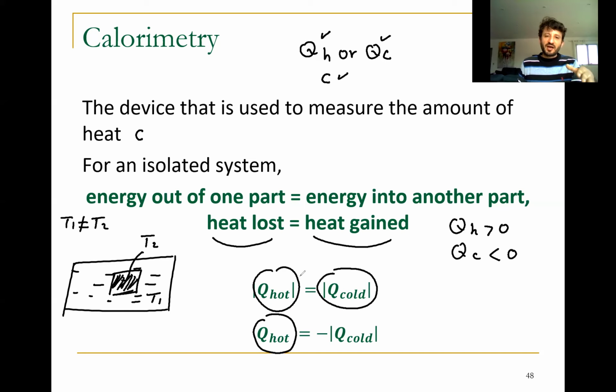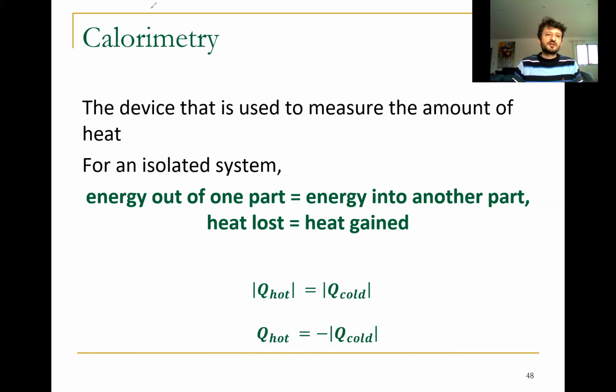You can write that the absolute values of these two quantities are equal, but without absolute value, Q hot equals minus Q cold. We will do some application so you understand better.